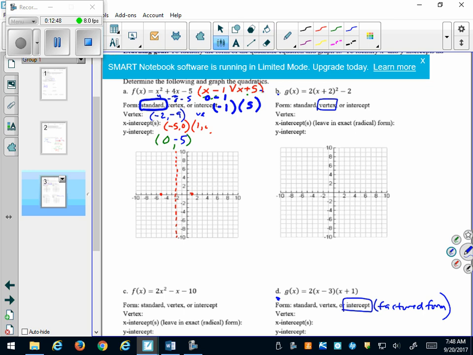So the y-intercept is at (0, -5). The vertex we said is at (-2, -9). And this all makes sense. A little too pointy, but that's okay.